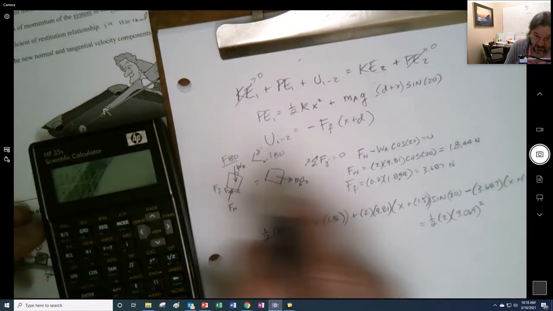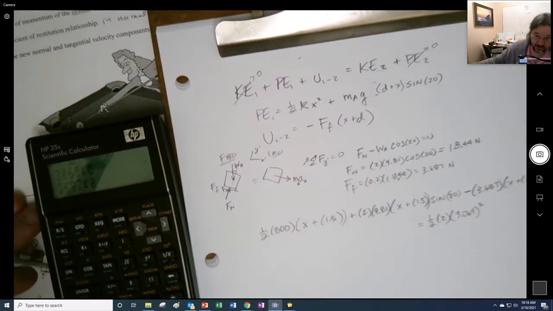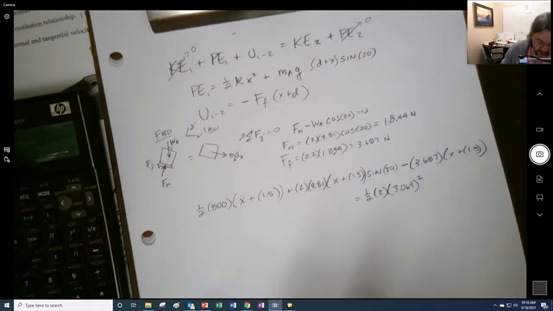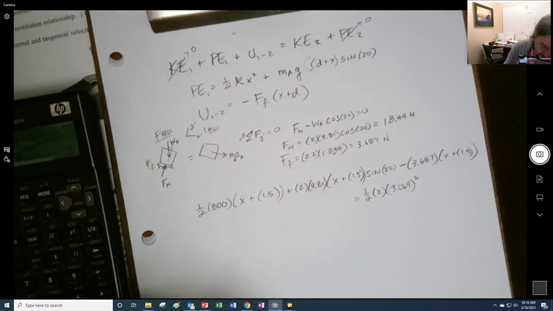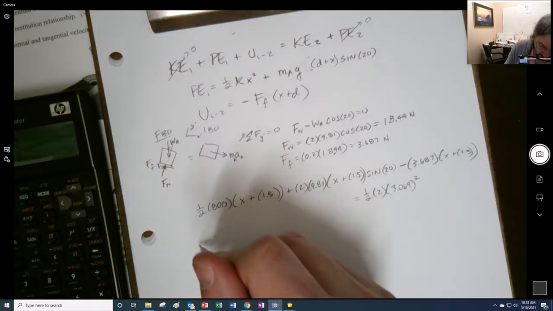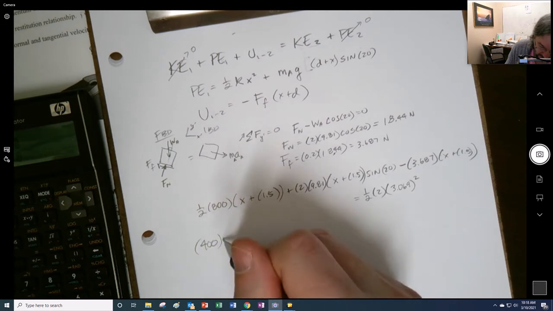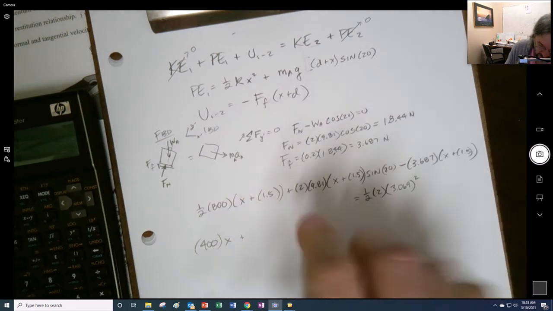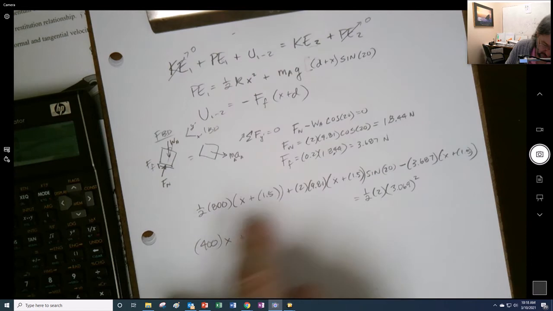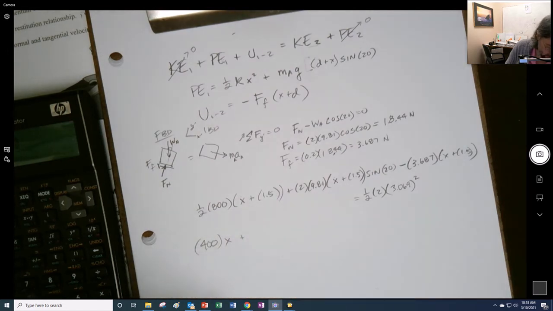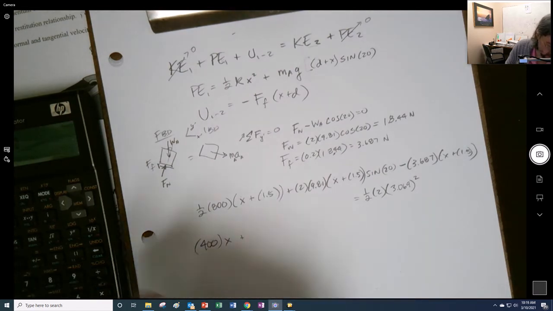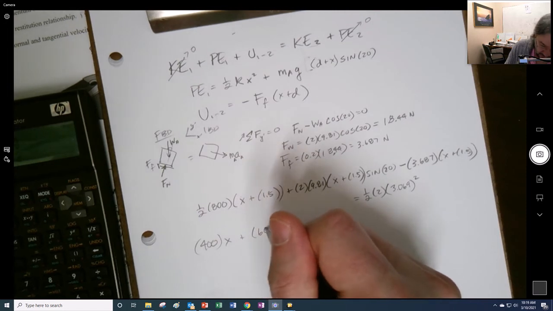Okay, so we have a lot of numbers to work through. So we can have 400 times x, sure, plus 400 times 1.5, 600, right?